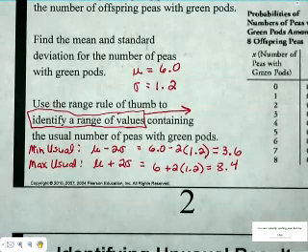You can't have 8.4 green pods if you only picked 8 peas. So there have been other times where we had to go, well, that's what the formula says, but maybe in some circumstances a negative wouldn't make sense. In this problem, 8.4 doesn't make sense because you cannot possibly get 8.4 green pods out of 8 peas.